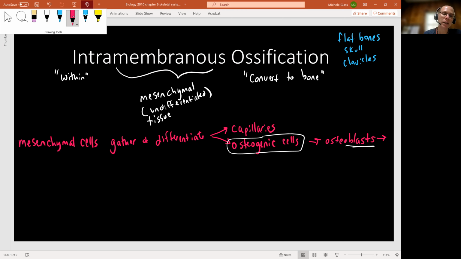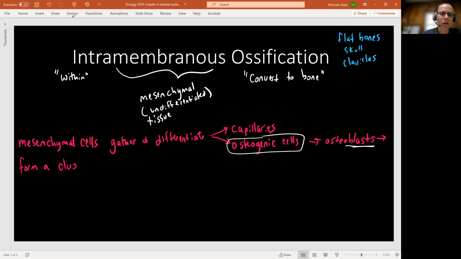And so these osteoblasts come together and form a cluster. And we're going to call that cluster the ossification center. So this is like headquarters, if you will, for bone formation in this particular tissue.